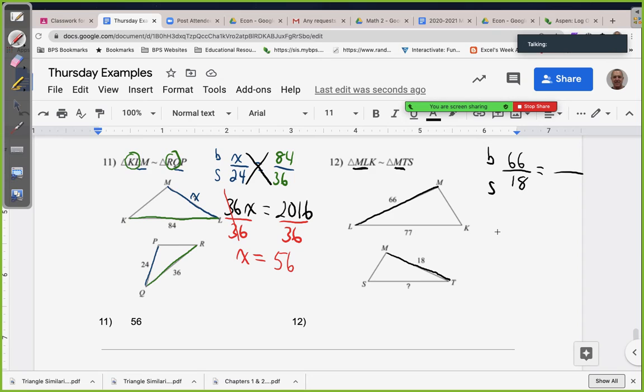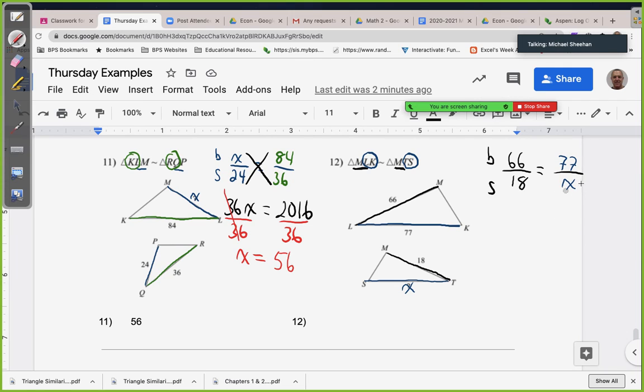All right, now I've got big triangle numbers on top. The number I haven't used yet in my big triangle is the 77. And the 77 goes from L to K. My second two letters here are T and S. T to S, that's my X. And for those of you still here, I'm going to show you something I didn't show you before.